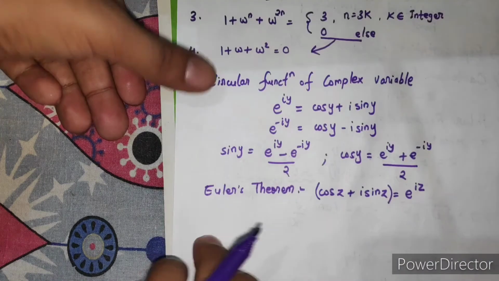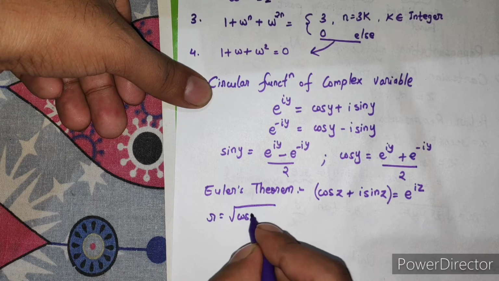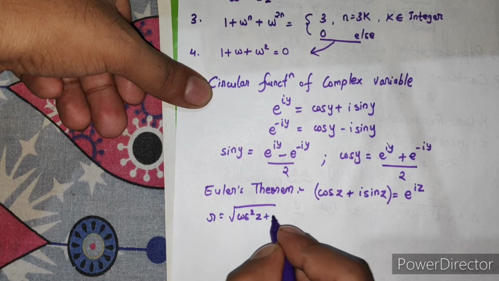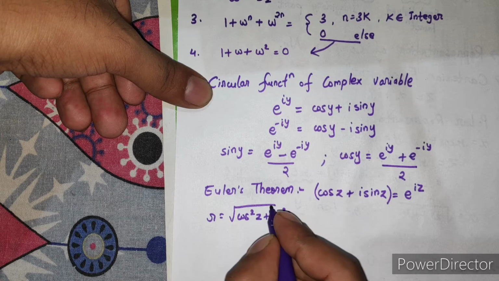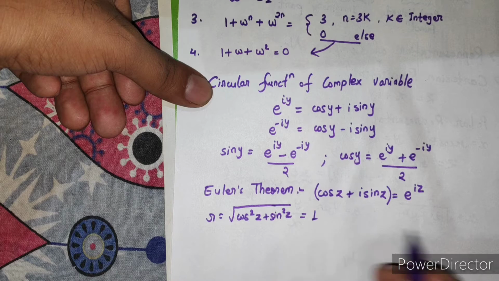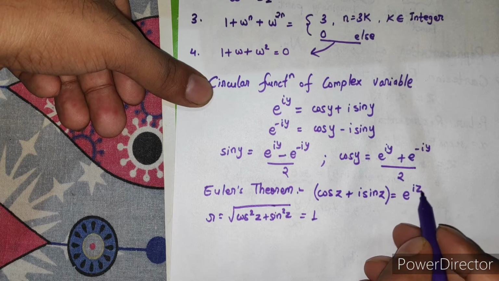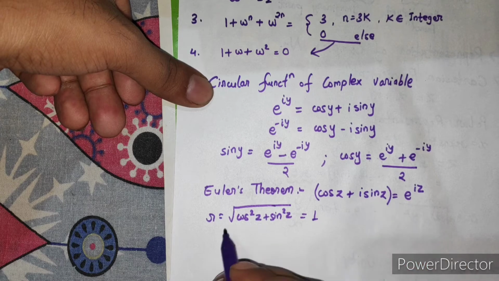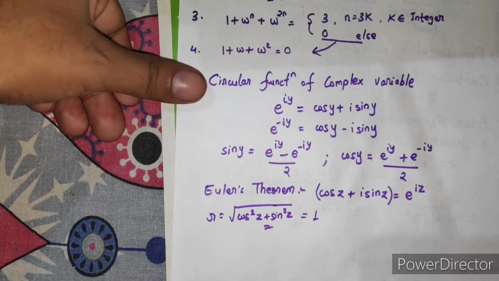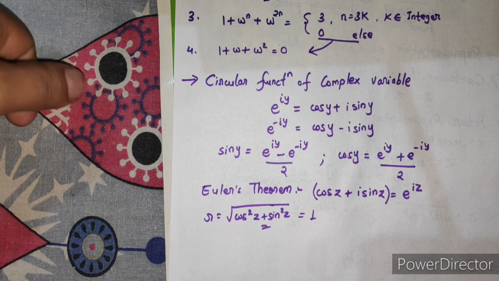So in this situation R will be the root of cos square z plus sin square z, and you know cos square theta plus sin square theta is 1, so root 1 is equal to 1. So here the R value is 1 and e to the power i theta, in place of theta it's z. Okay, so it's verified. So this is a small Euler's theorem. If someone asks what is Euler's theorem, you can easily explain.